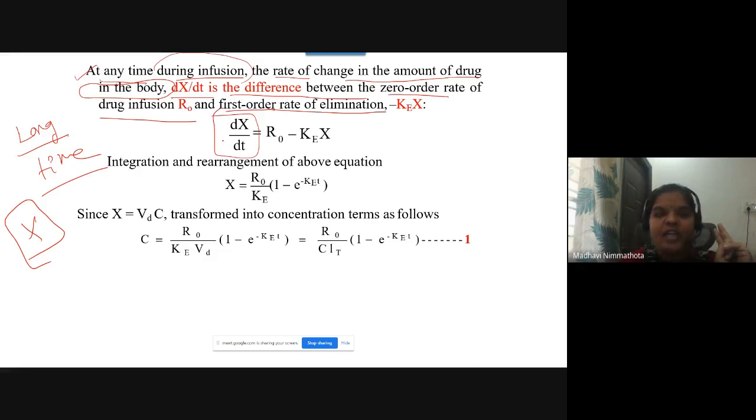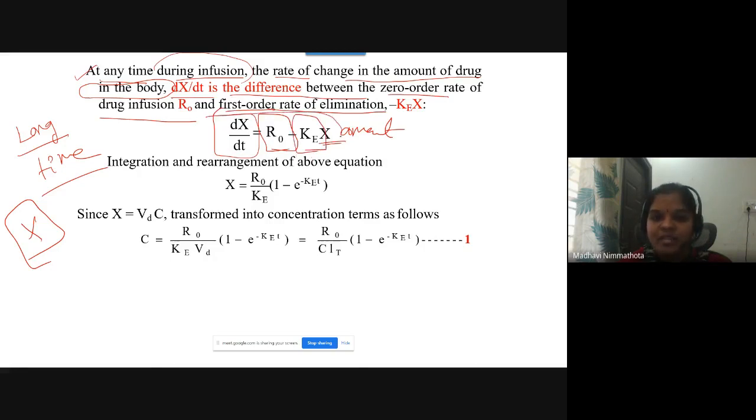So the difference is the rate of change in the amount of the drug in the body. That is dX by dt equals R0 minus KeX. Here X represents the amount of the drug, dX by dt is the rate of change in the amount of the drug, R0 is the infusion rate and Ke is the elimination rate constant.